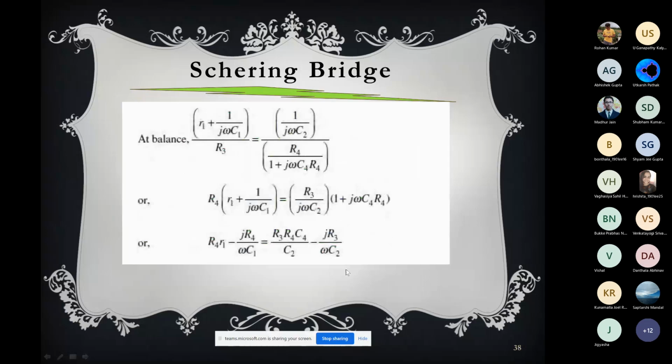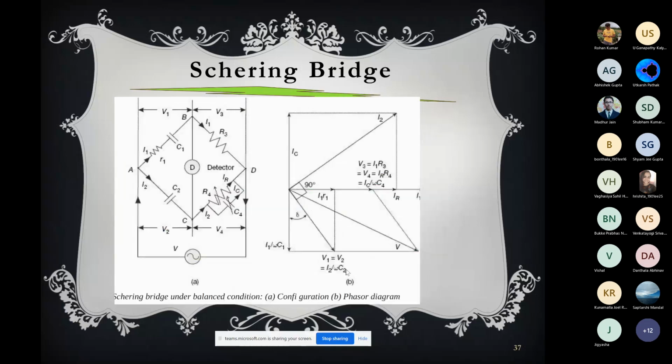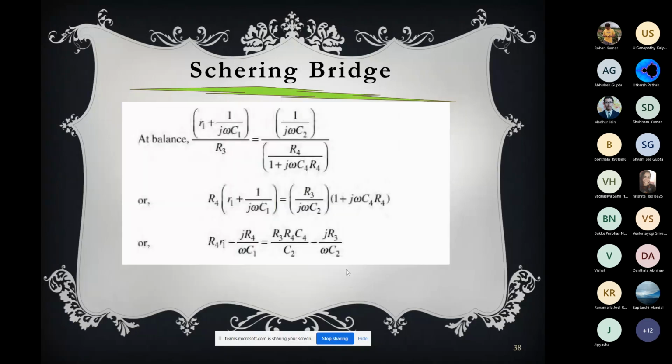Now at the balance condition, small r1 plus 1 by j omega C1, by r3, will be equal to 1 by j omega C2, by r4 by 1 plus j omega C4 r4. If we multiply both sides, numerator and denominator, you will get this expression, and ultimately equating real and imaginary parts, you will get r4 r1 minus j r4 by omega C1 will be this.